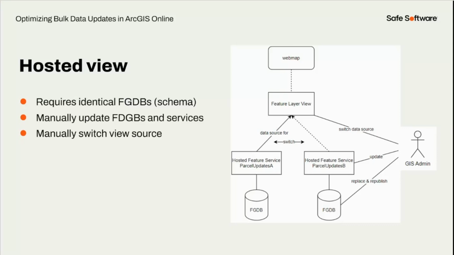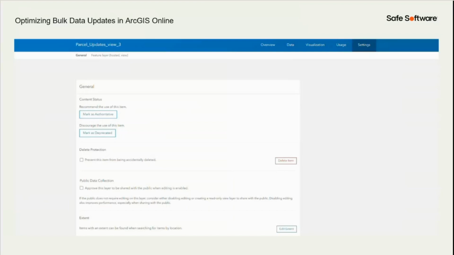And then you create a feature layer view from the first service, in our case, parcel updates A. And at this point, you can go into the hosted view settings and change its data source to another feature service. There's a little video here that shows what this looks like in the ArcGIS Online web UI.